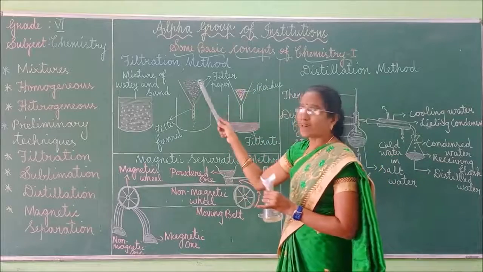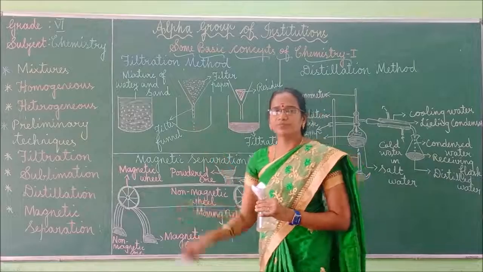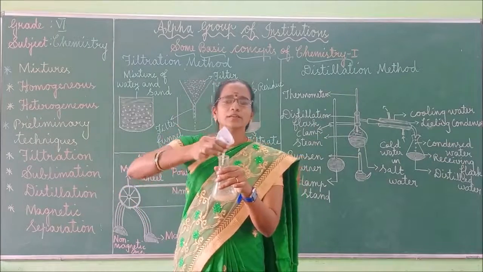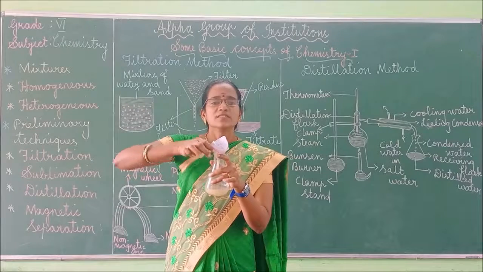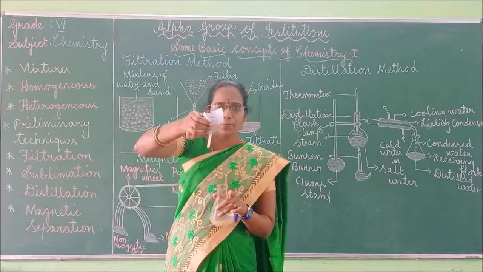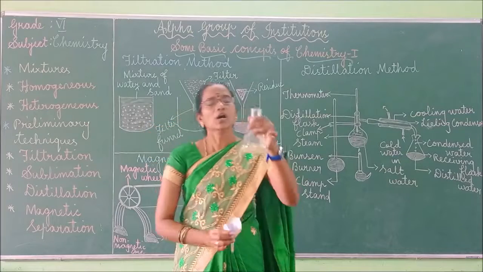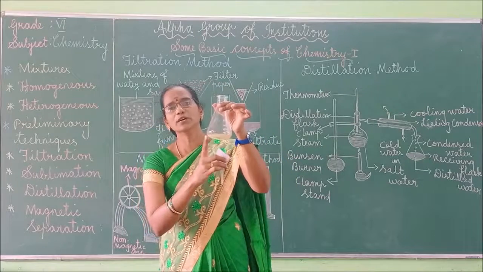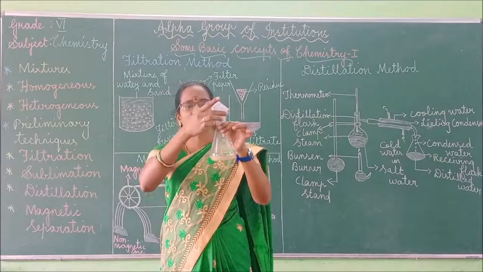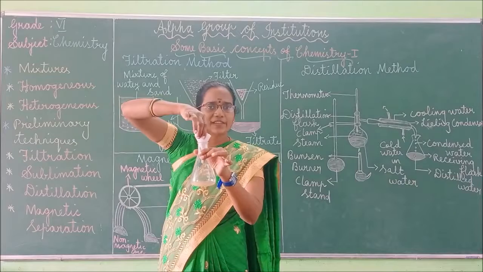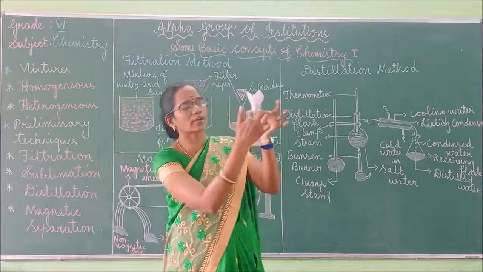In this funnel we have to keep the filter paper. All the sand particles stay behind the filter paper and the water passes through the filter paper. If you keep the funnel like this, the sand particles will stay behind and the water passes through.